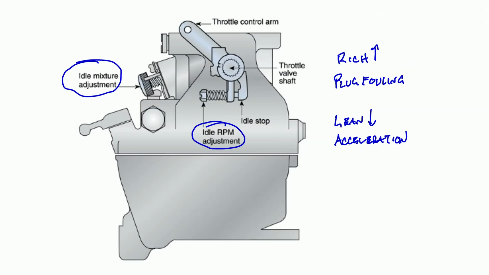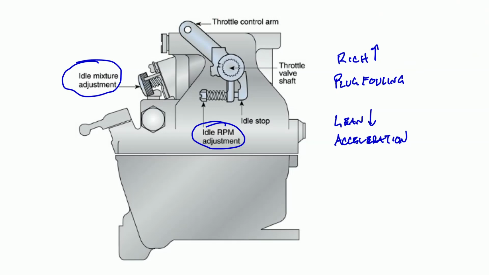On the other side of things, if we are way too lean, then we can have an issue with acceleration. And again, you say, well, what does idle mix have to do with acceleration? Part of that is the carburetor is sitting in its idle circuit when it's at idle speeds, up to a certain threshold. Once we move beyond that threshold, we're going to close off the idle mixture adjustment, or it's not going to be a factor for how the engine operates.